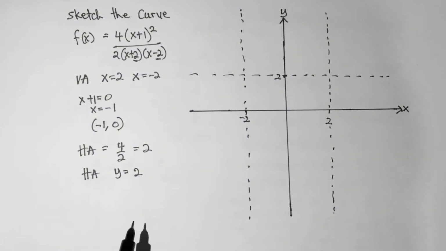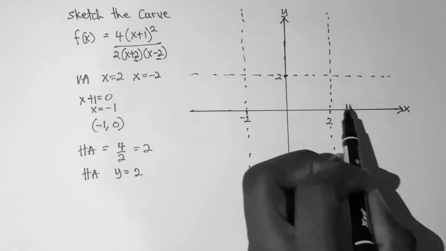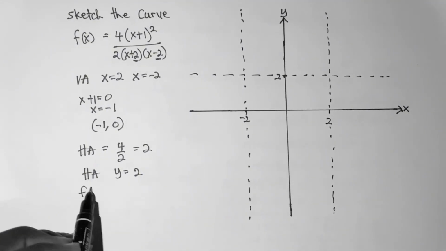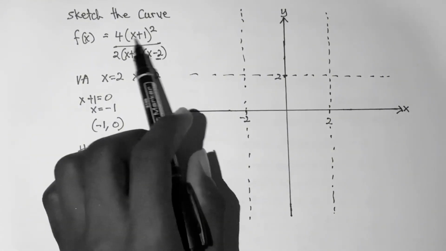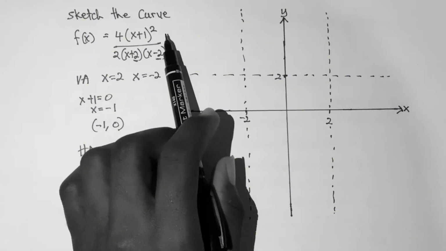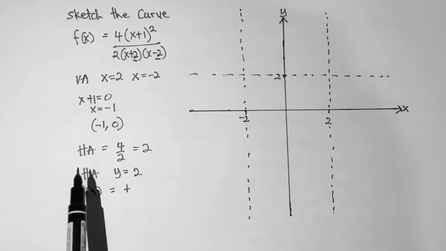So now let's find the nature of the graph in the various regions. Let's take values greater than 2. For example, what is f of 3? So you see that if we put 3 here, 3 plus 1 is a positive number. If we square it, we still get a positive number. If we multiply by a positive number, the numerator is a positive number.